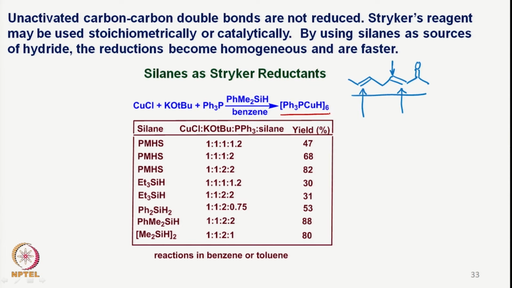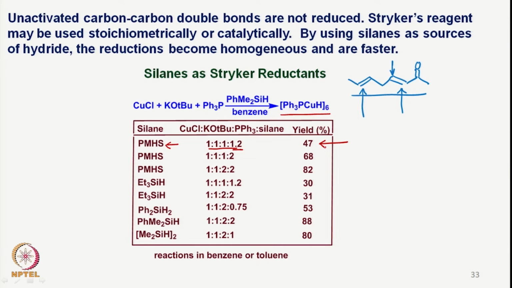So in order to form the Stryker's reagent, the copper chloride, potassium tert-butoxide, diphenyl phosphine, and the silane are used. This silane is used in 1.2 equivalent. So the ratio is shown here: 1:1:1:1.2, that means silane is used as 1.2. Then they kept on modifying, and you see the effect of that on the yield.